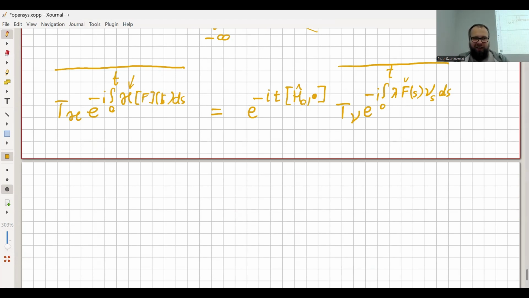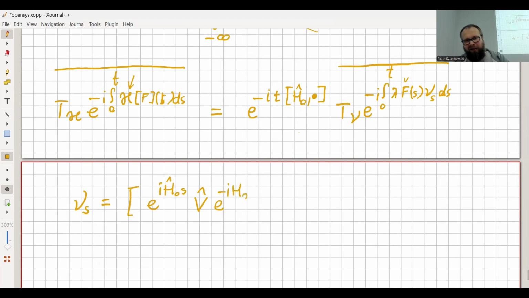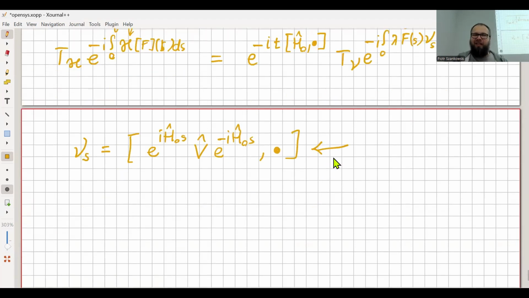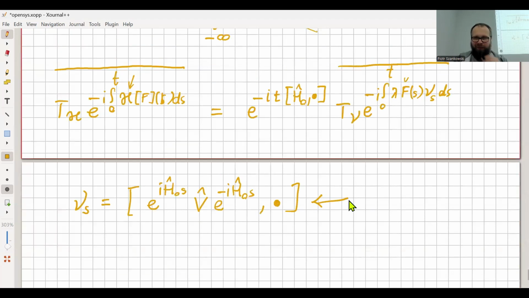And the generator V in the interaction picture is defined according to standard rules. Okay, so if you recall, in lecture number 3 or 2, I don't remember exactly, one of the assignments was to show this disentanglement for super operators, and this is where this comes from.